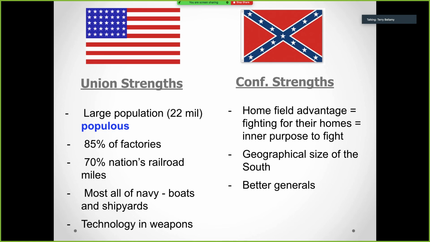Now, not all of those factories are producing war materials, but could we take a factory that's producing sewing machines and manufacture rifles instead with just some modifications? World War II is a great example of that. We have these automobile manufacturing companies like Ford and General Motors.